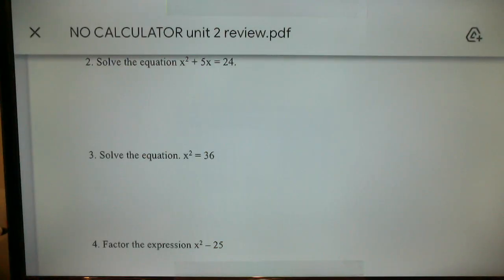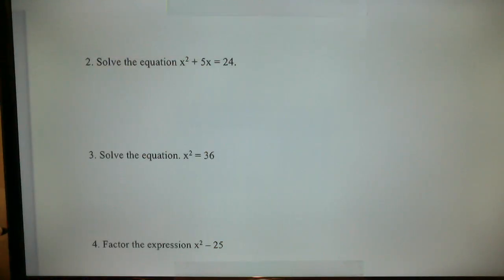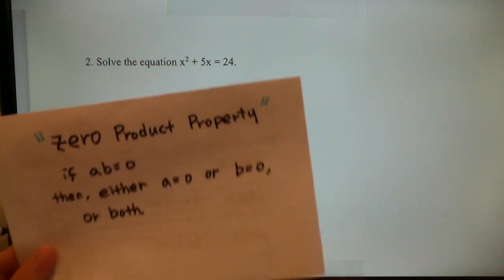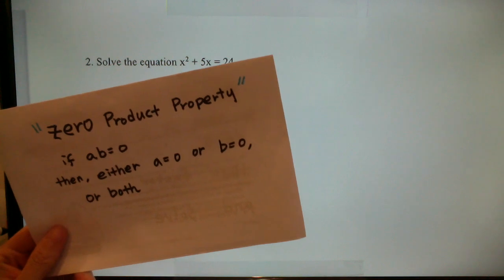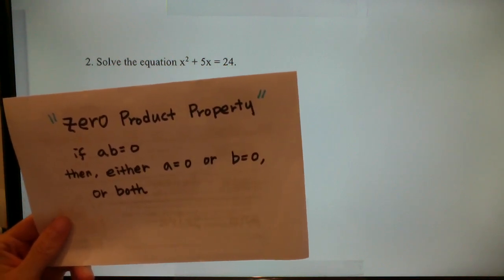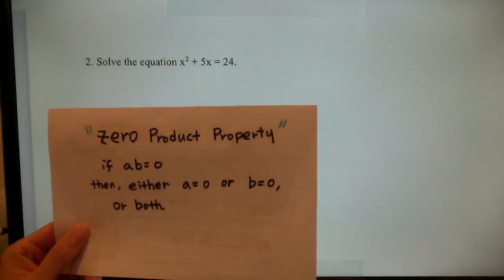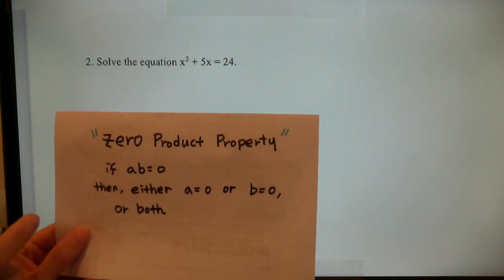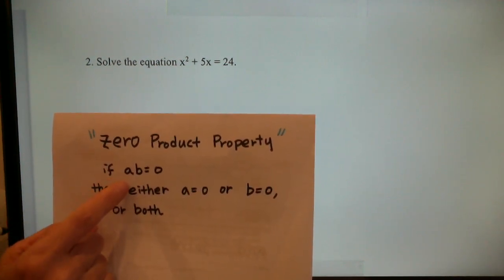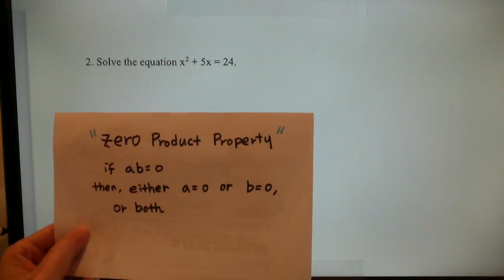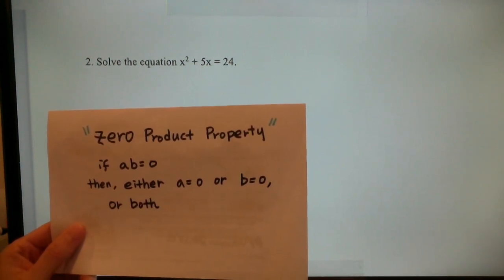Next 3 questions, they are about factoring. But I like to go over one thing. So zero product property. So it means when you have A times B, it's 0. It means A is 0 or B is 0 or both of them are 0.